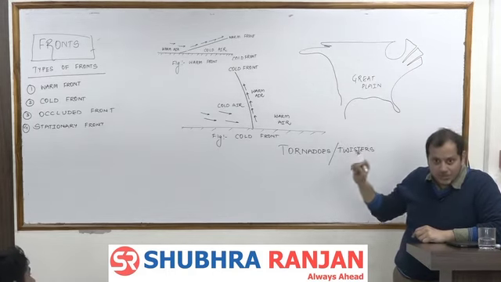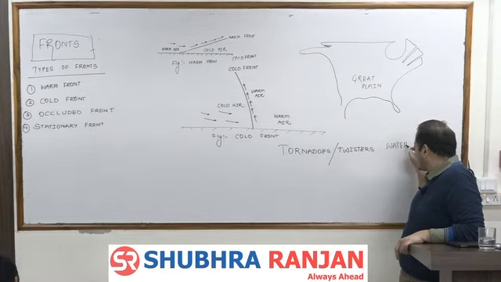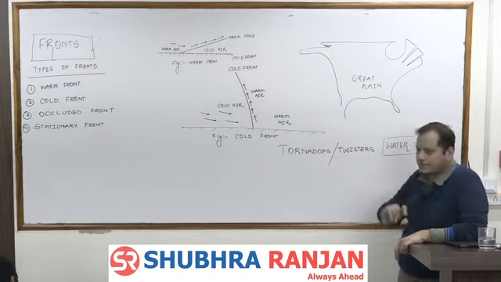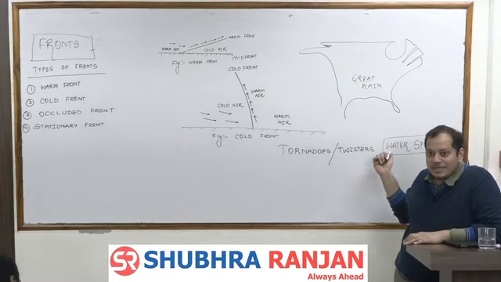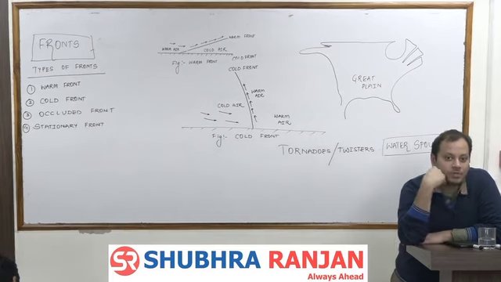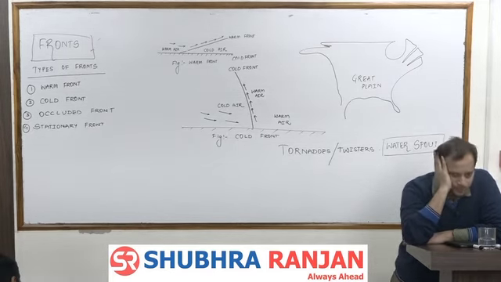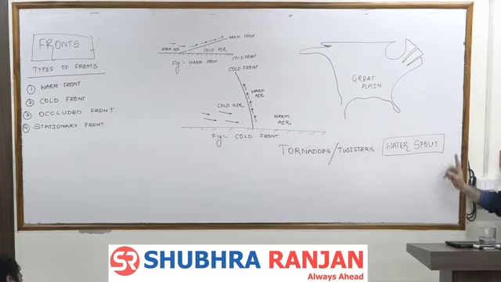If a tornado is formed on water bodies, water is vertically thrown upwards, forming a waterspout.